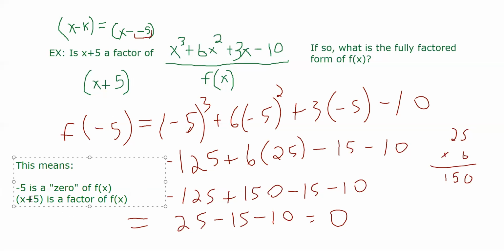So when you write it as a factor, or when you write it as a 0, it's going to be the opposite sign. x plus 5 for the factor, but just negative 5 if you're talking about the 0 itself, the root. So the answer to this question is yes. Is x plus 5 a factor of that function? Yes.